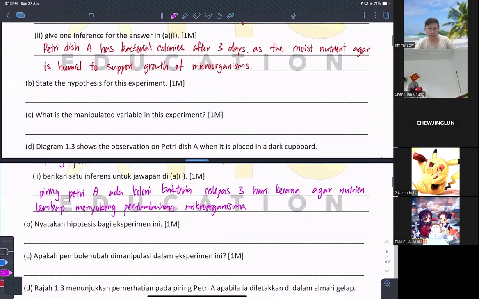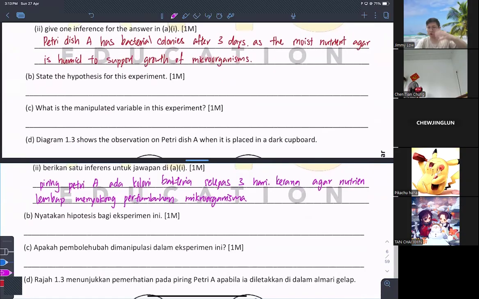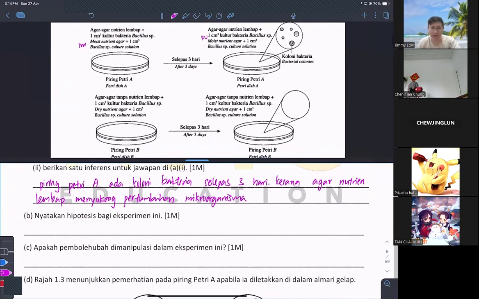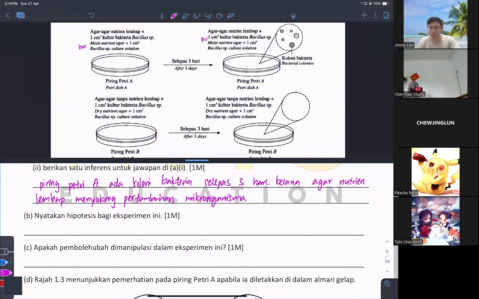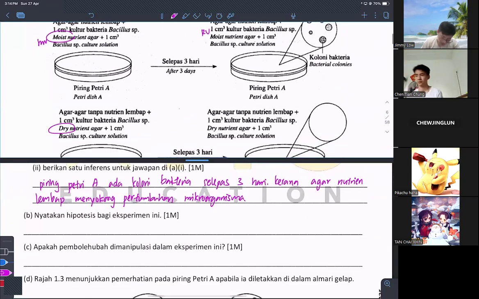The first time we encounter the hypothesis, you ask yourself, is it about the more the humidity, the more the growth of microorganisms? Actually, not to say wrong, in fact it is something like this, but look at the table, look at the diagram lah. There's no indicator to show you that the more humid. The diagram is telling you one moist, one dry.